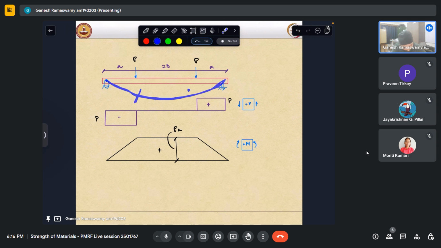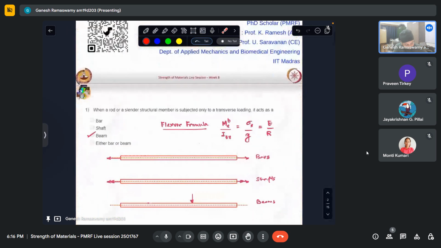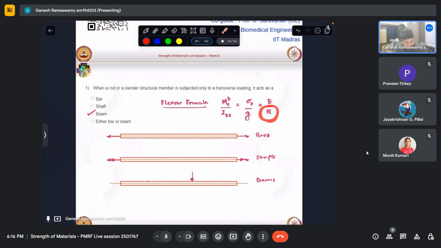What we notice is in this middle portion, where there is no shear force acting, it bends as a circular arc. The shape of the deflected curve is actually an arc of a big circle of radius r, which is this r.